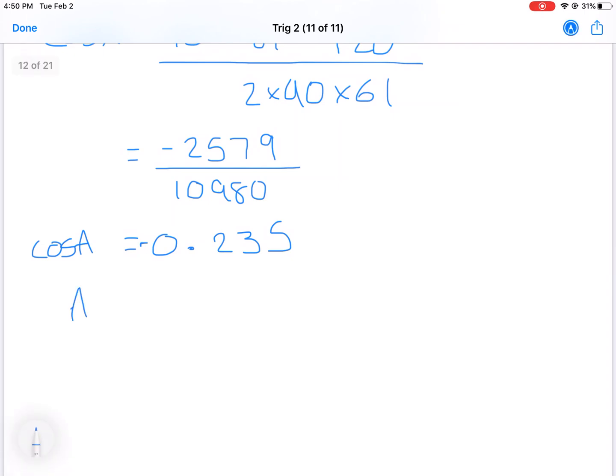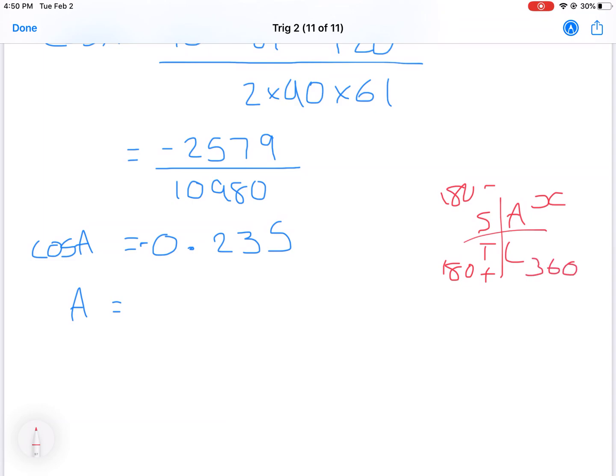Now with this one, you're not going to see very much of this. If we think back to when we looked at questions before, with the trig formulas, we had to use our CAST diagram. Okay, think all the way back to solving trig equations. This was 180 take away, 180 plus, and 360 minus.